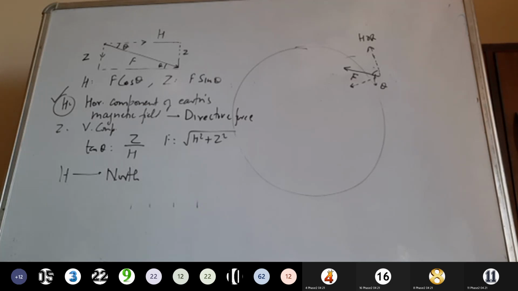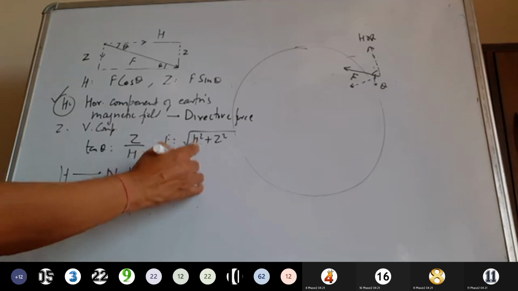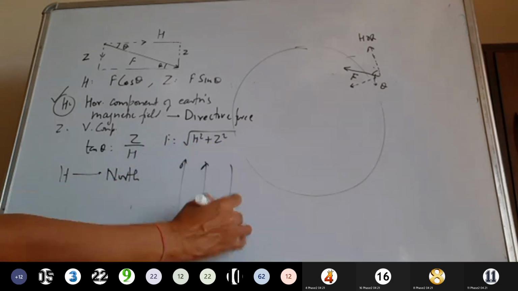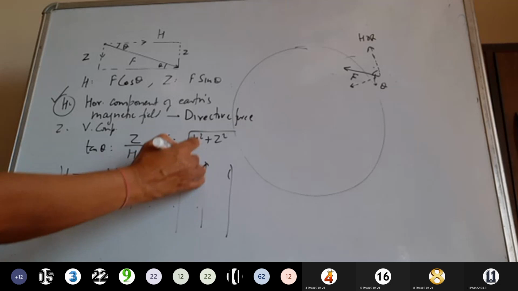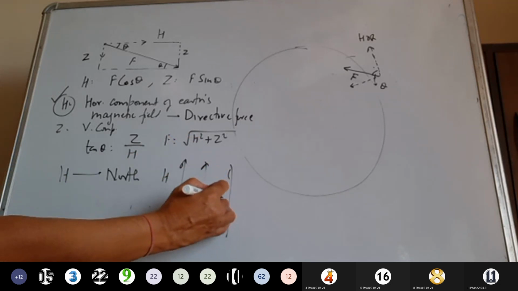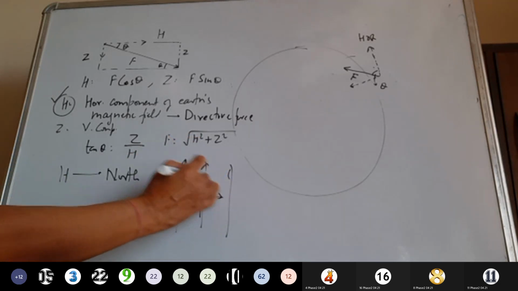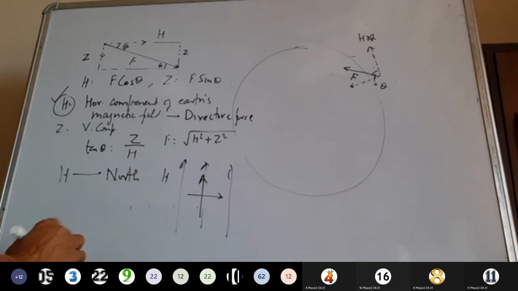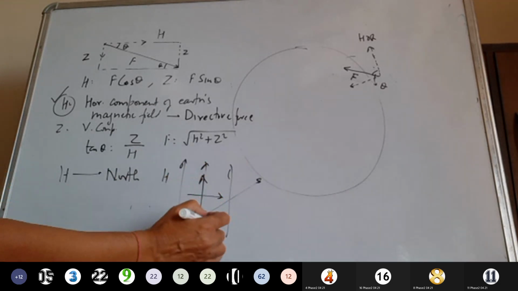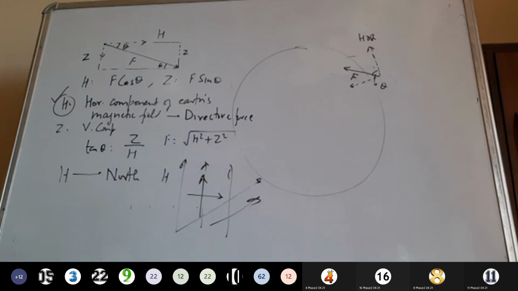Which force pulls the needle to make it north-south? H. Because of that, the magnetic compass needle, which was lying in this direction, comes in this direction. So the direction of H is always towards magnetic north.